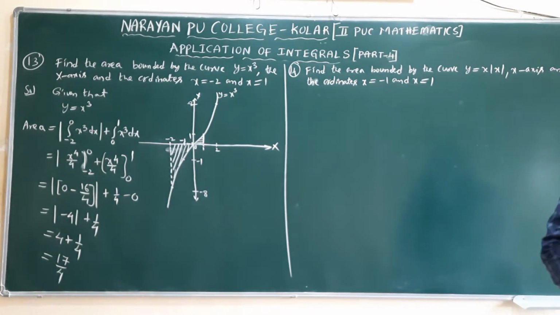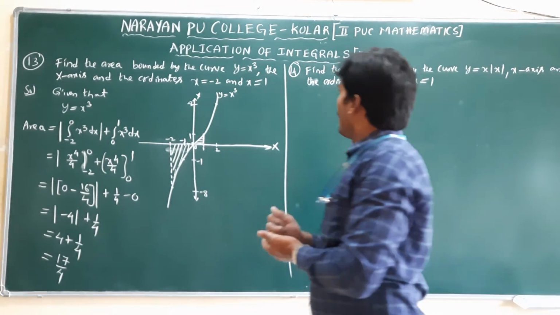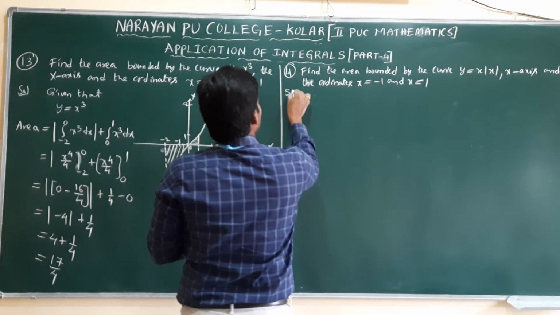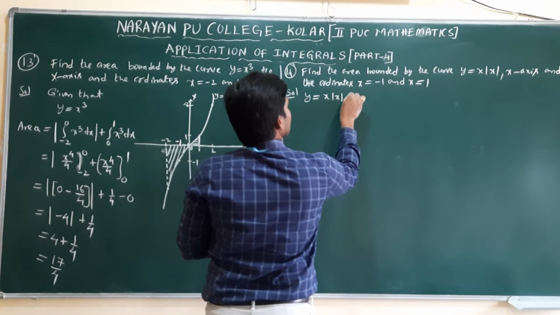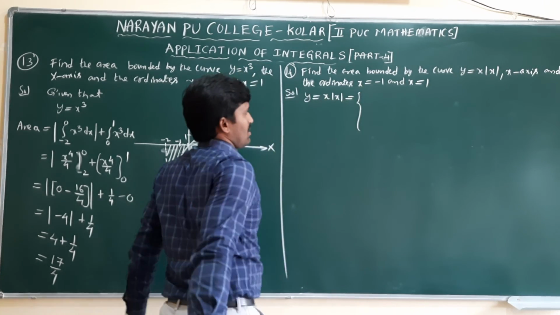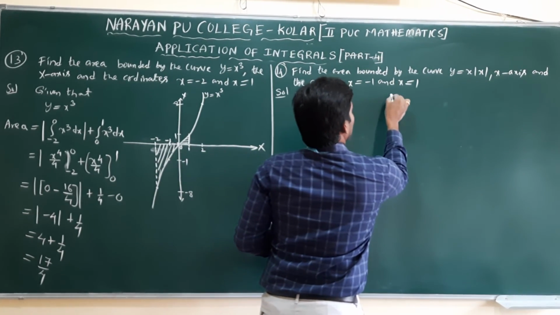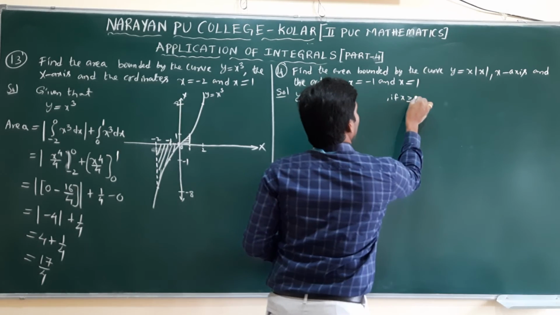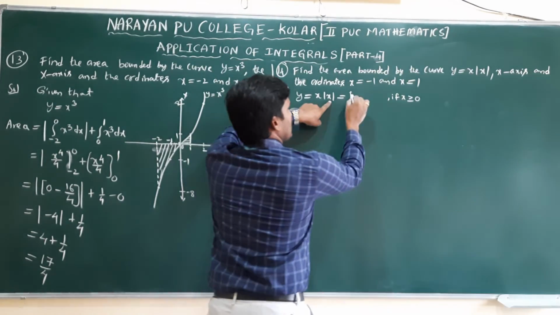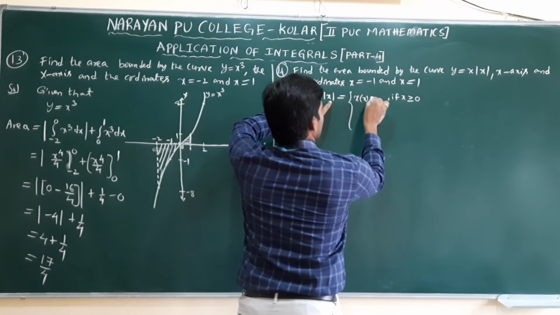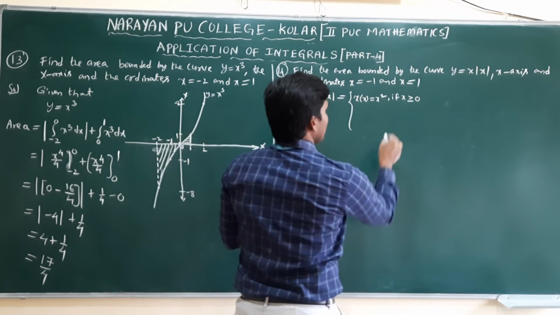Here mod x is involved, which means we need to simplify the curve y equal to x into mod x. If x is greater than or equal to 0, mod x becomes x. It means x into x, that is x square, is the curve.